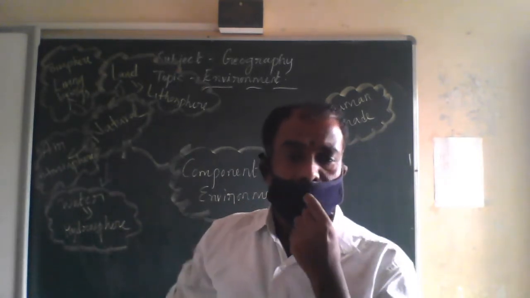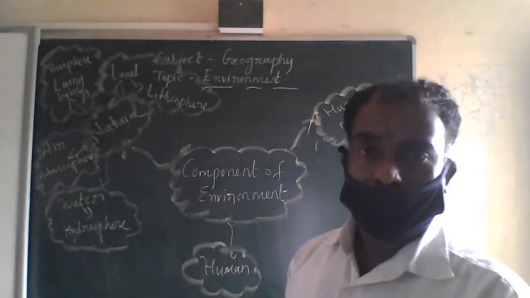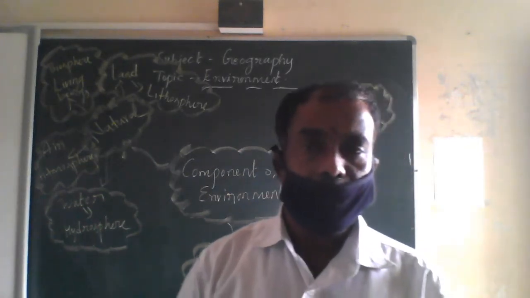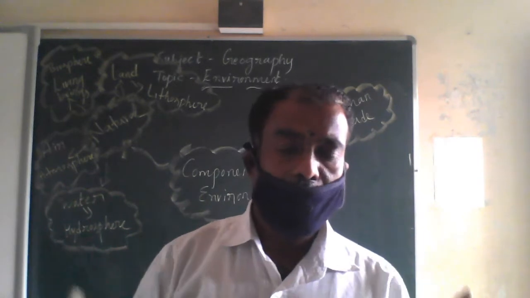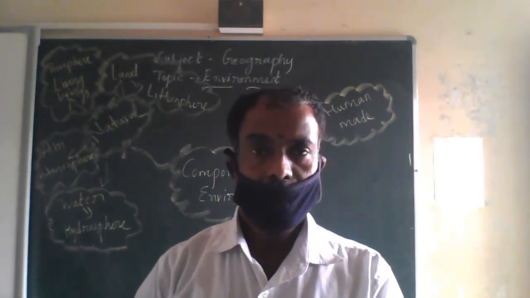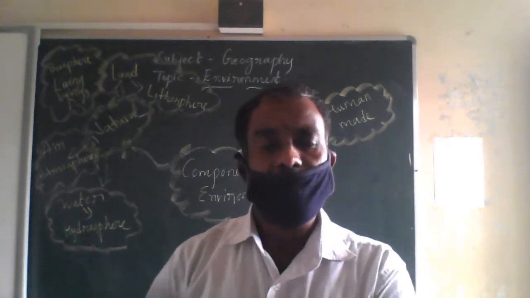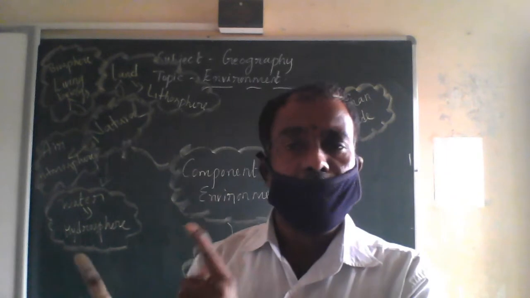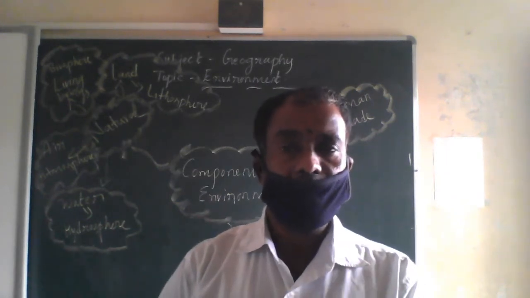And let us see about the human environment. See, the community, the society, the family, this is all related to the human environment. It starts from the individual. A group of individuals together may be called a family.